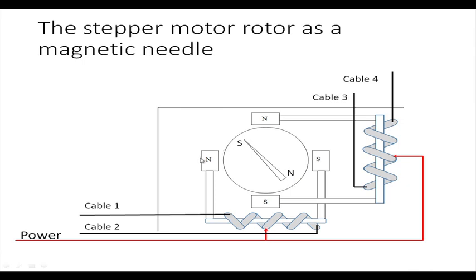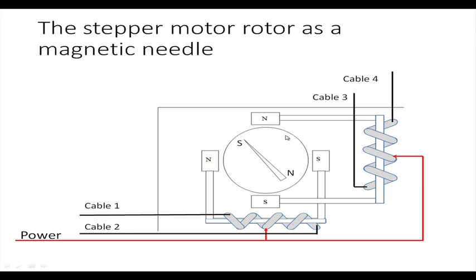After a switch of polarity due to the second signal, in which cable 1 and cable 2 have switched voltage levels, this will become a south pole and this will become a north pole. So, the same condition of two north poles being side by side will occur here, and the south pole will have the most stable state in this position.